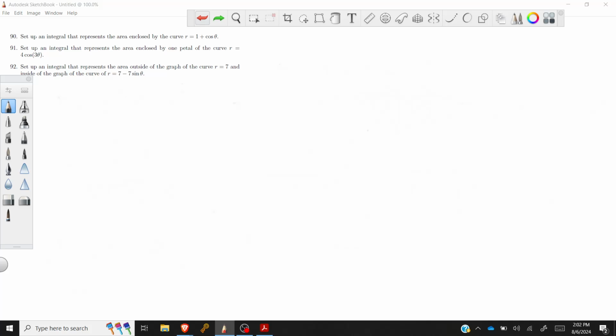It wants to represent the entire area of the curve r equals 1 plus cosine theta. To represent the entire area, it would just be your equation for the full rotation of the axis.